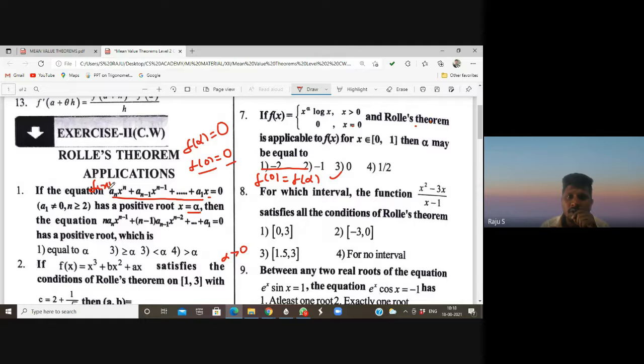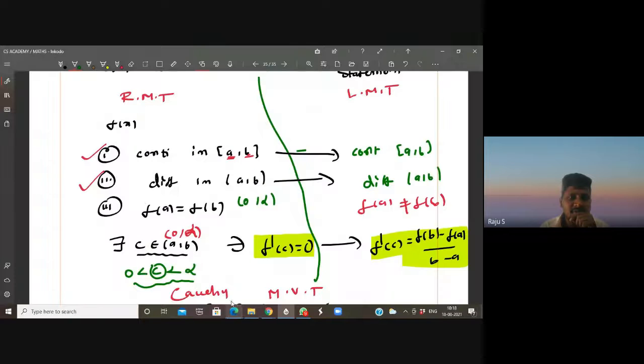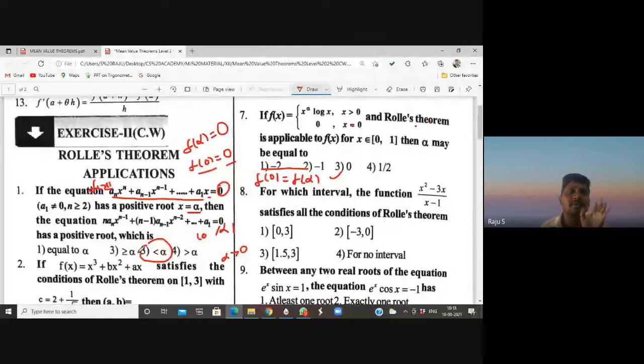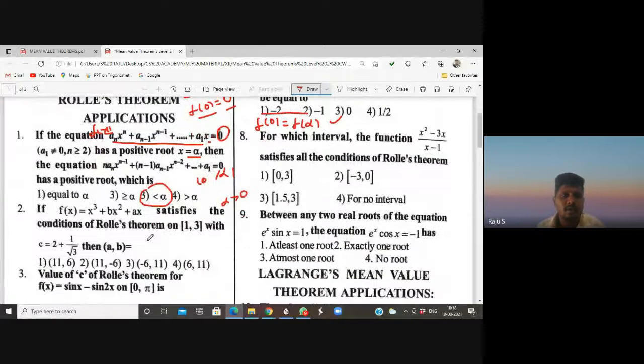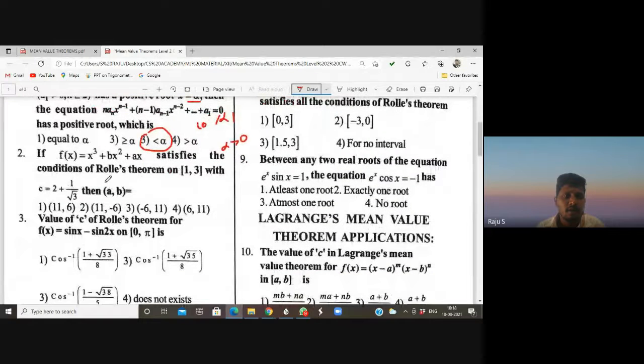So f(0) = f(alpha), and the interval is 0 to alpha. So there exists a point C that is always less than alpha. The third option is correct. This is a logical question, and from the second question onwards, it is easy.